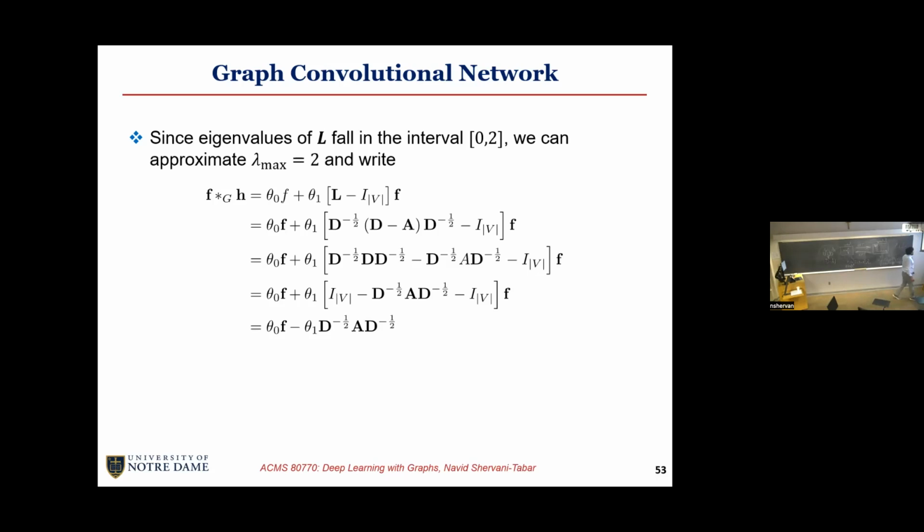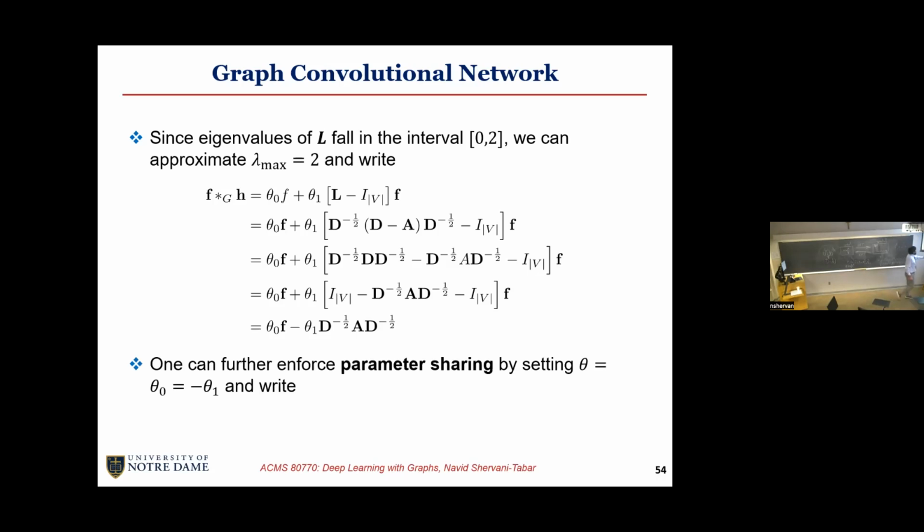That means I'm going to have theta as my main parameter, which is equal to theta 0 and is equal to minus theta 1, right? If I write it that way, I can factor this theta out, and there should be an f outside of this.